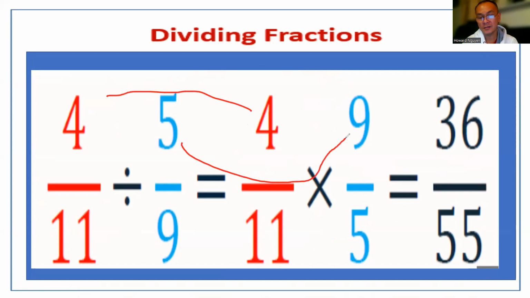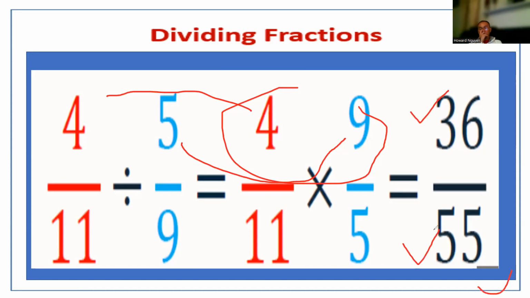You change this. Then you take 4 times 9, which is 36, and 5 times 11, which is 55. So you have 36 over 55. Is that an improper fraction or proper fraction? If you say proper fraction, you are correct. Why? Because the numerator here is smaller than the denominator.